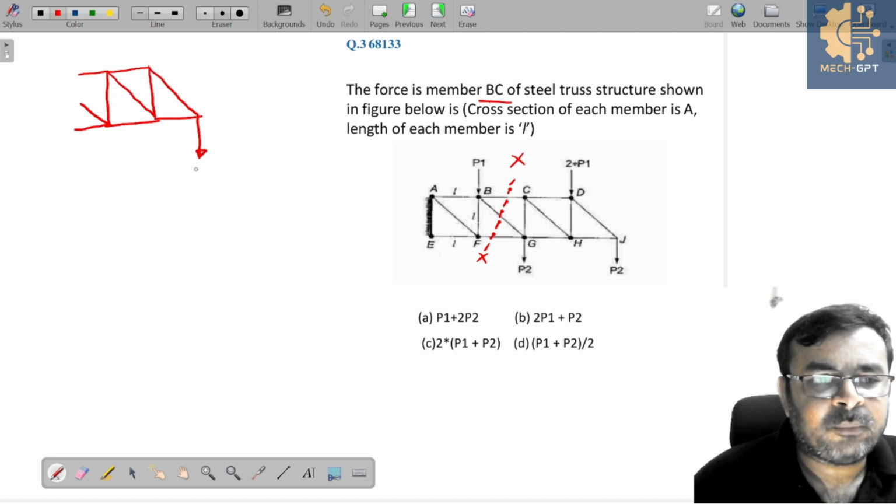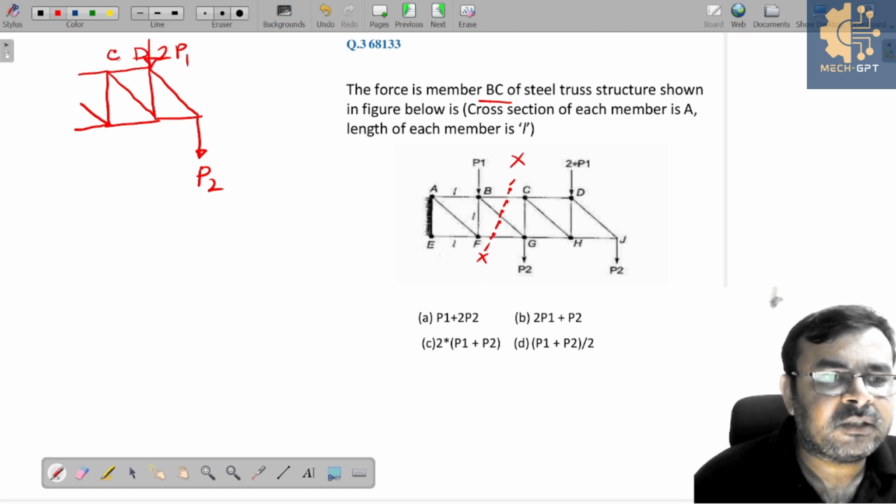This is our right portion of the truss. This is P2 and this is 2P1. Correct? And this is joint D, this is joint C, this is G, this is H, this is J, and the length of each member is L.